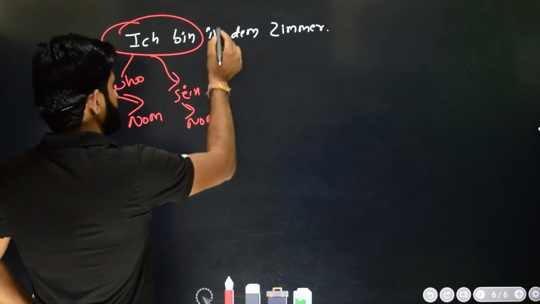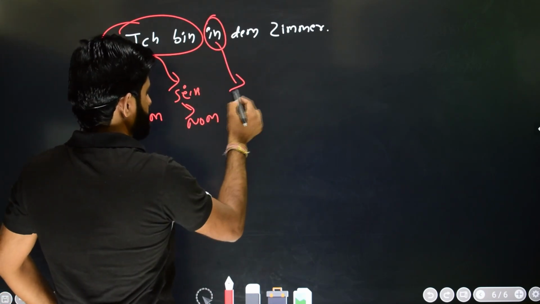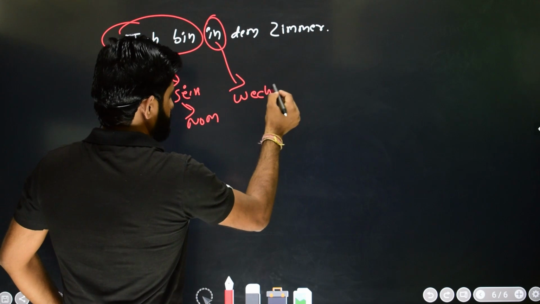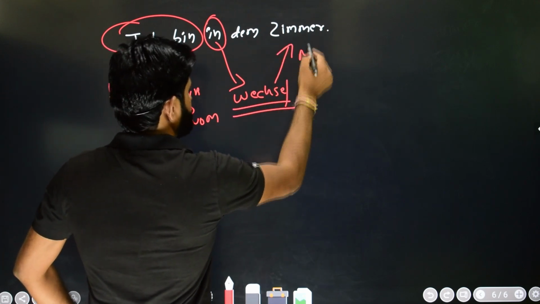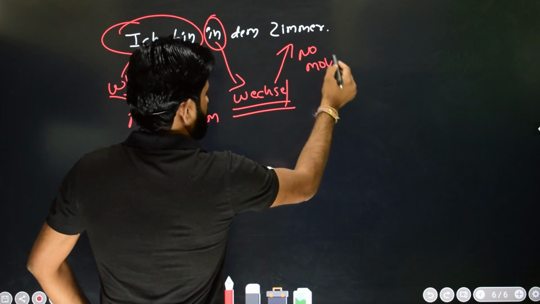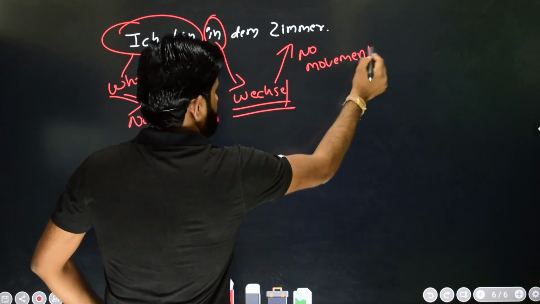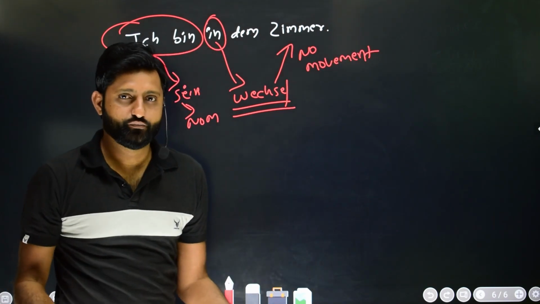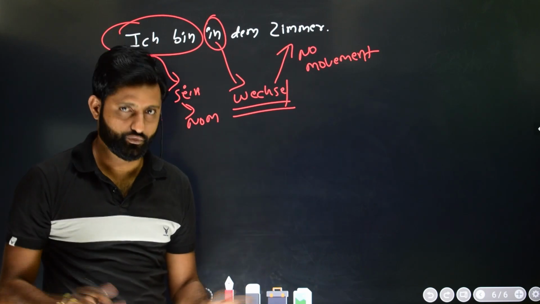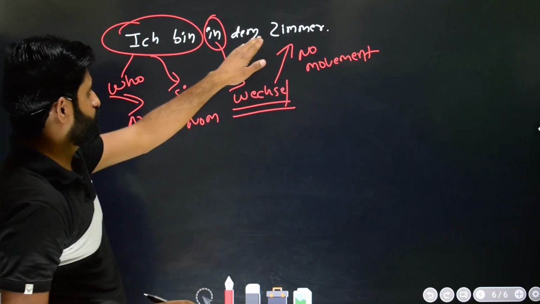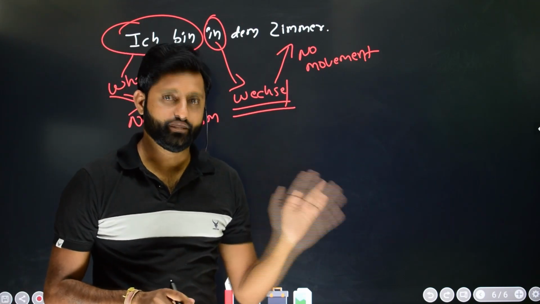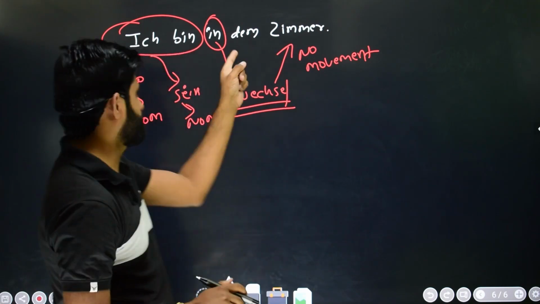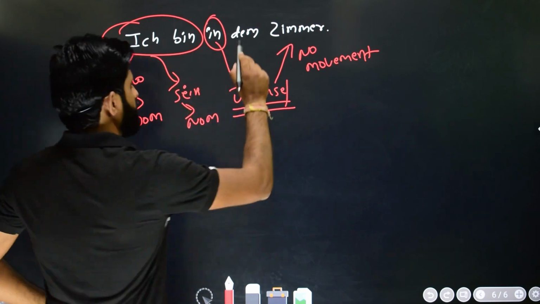Then comes in. What is this in? In is a Wechsel preposition. And you can see there is no movement. Because I am in the room, there is no movement. So if there is no movement, it will go in dative. So das Zimmer is nominative, das Zimmer is in accusative, and dem Zimmer is in dative. That is the reason we have written here dem Zimmer.